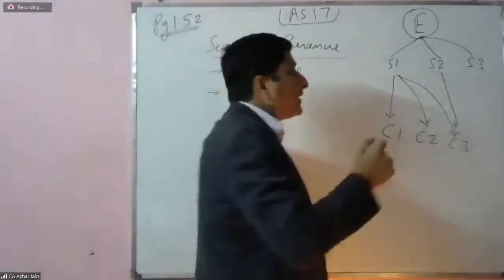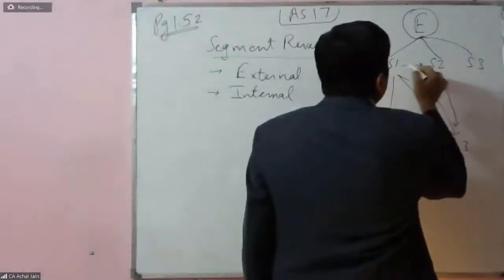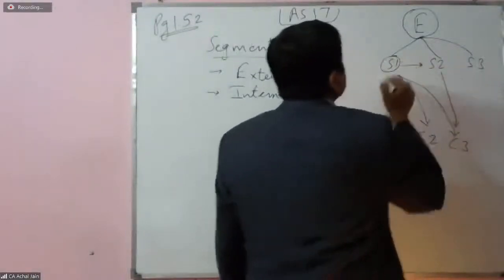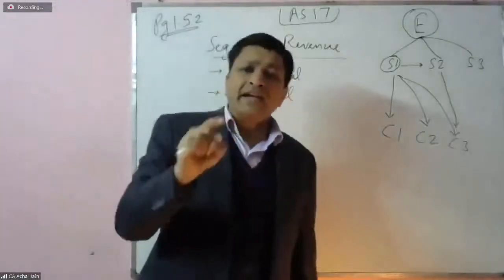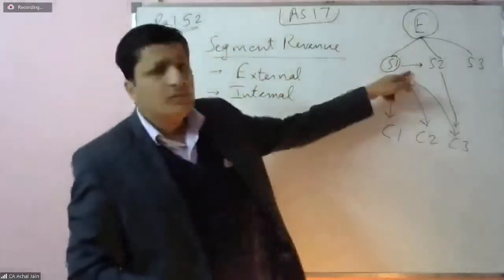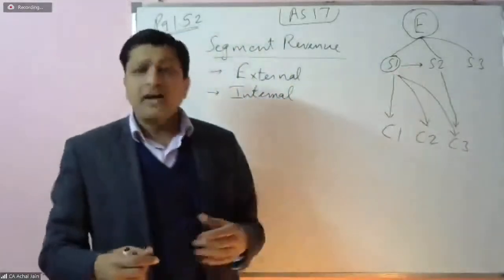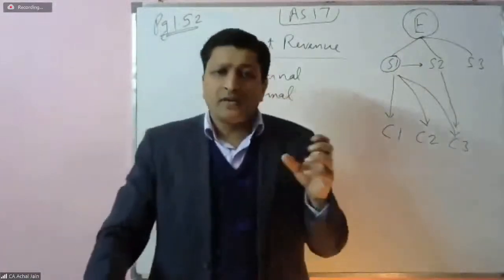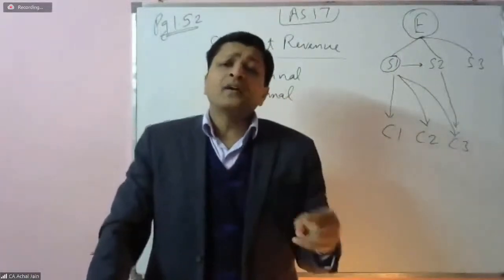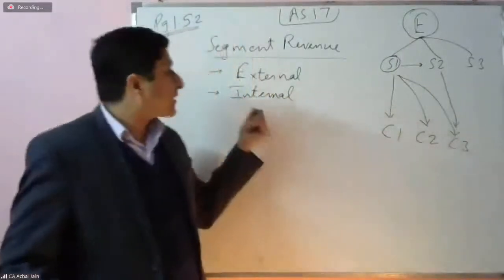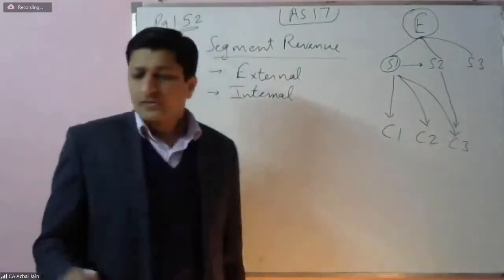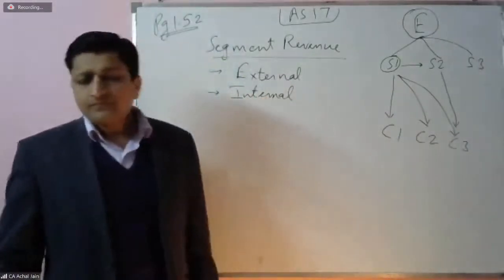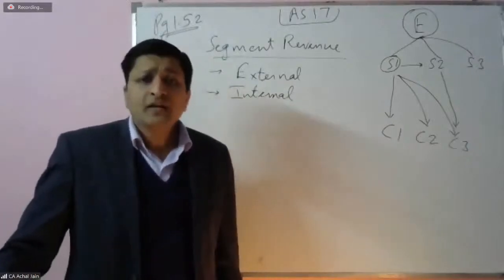It may happen that one segment is selling to another segment. If you look at the total revenue of the entity, this revenue will not be considered, because this is internal to the entity. But when it comes to the disclosures of the segment, this internal revenue is also required to be disclosed.